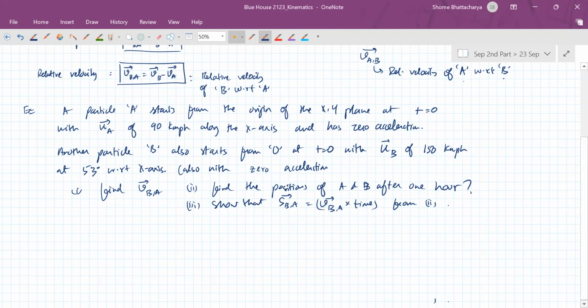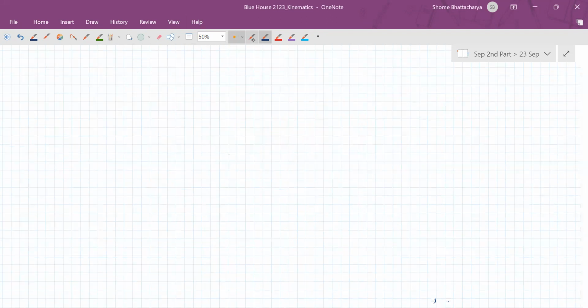Okay, so we will both apply the component algebra as well as understand it geometrically in the XY plane.